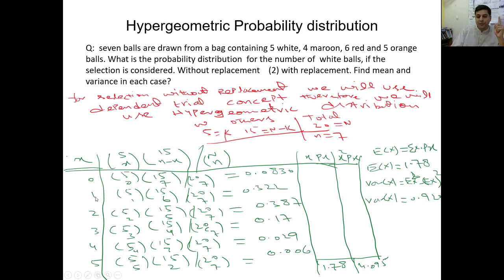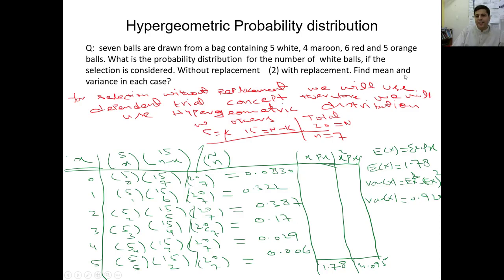Similarly, if there is only one white ball among those 7, so 5C1, 15C6, because 7 minus 1, and 5 will not change. If there are only 2 white balls, K is equal to 5, x is 2, 15C5 because 7 minus 2 is 5, divided by 20C7. In this way we will calculate these probabilities.